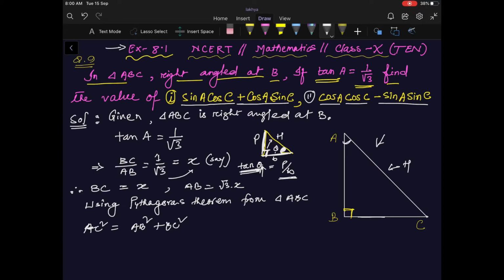So AC must be equal to root over AB square plus BC square.